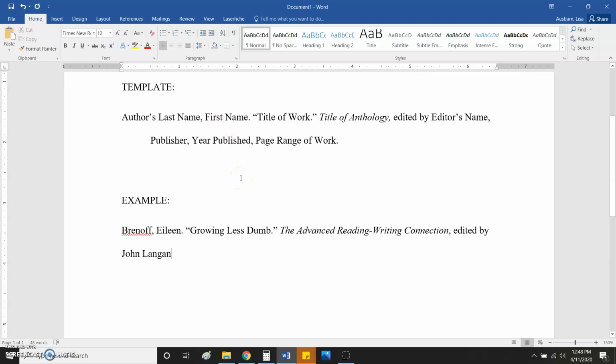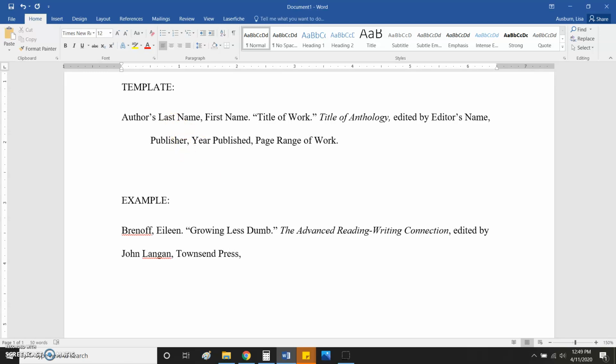MLA has this interesting rule where you only do last name, first name for the very first name you write in your citation, and every other name is first name, last name, as you would normally address someone. Then we need the publisher, and I'm able to just look on the spine of the textbook to find Townsend Press. Make sure I'm spelling that right. And that's followed by a comma.